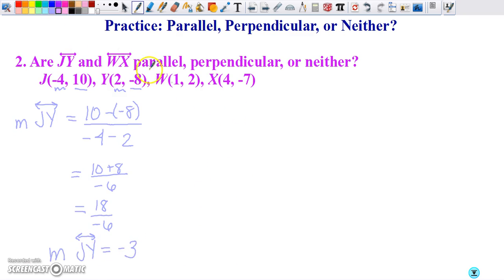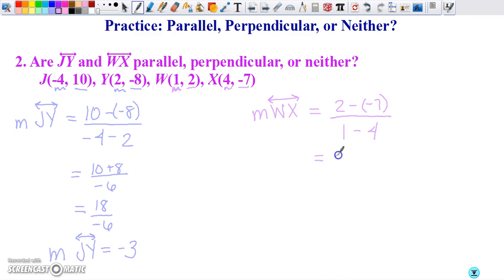Now we come over here to do the slope of WX. So remember this is slope again. So let's do 2 minus a negative 7 divided by 1 minus 4.